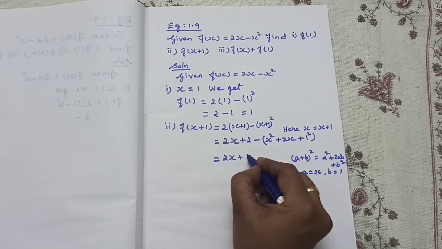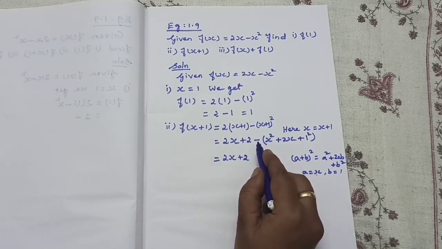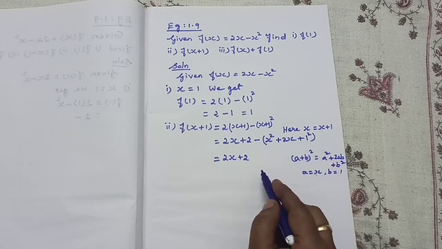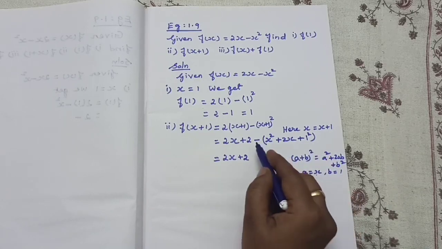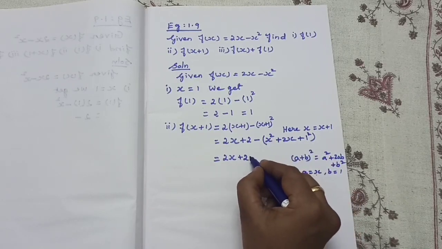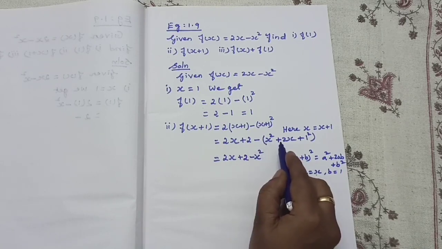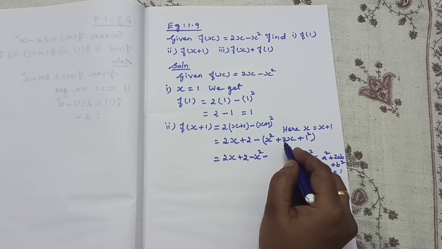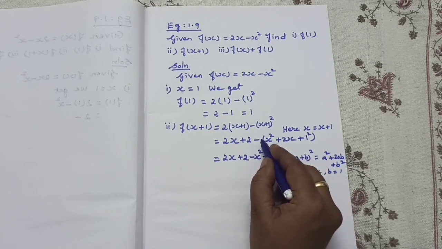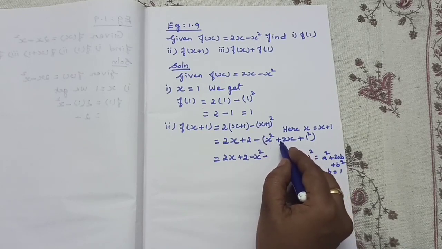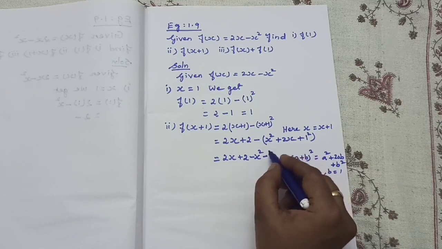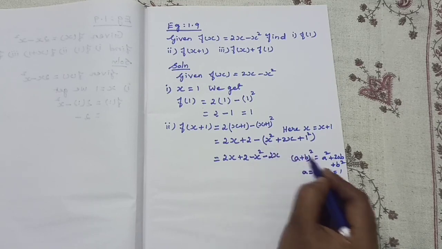2x plus 2. This minus we have to multiply inside the brackets. Then minus into x square is minus x square. Minus into plus is minus into 2x.